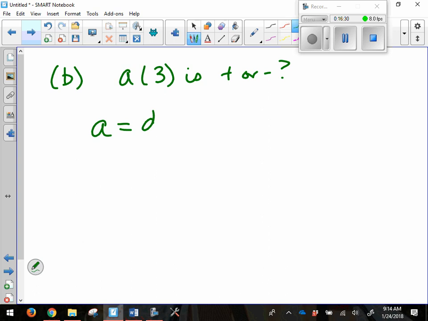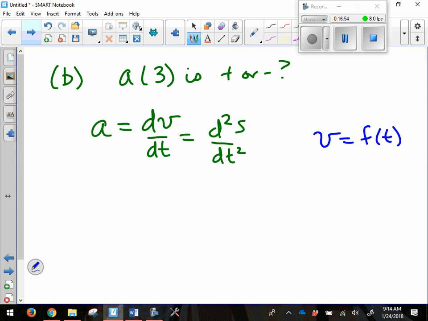Okay, so it's dv dt, which also means it's the second derivative of s. And remember that v is equal to f of t, right? From part A. So that tells me that the acceleration is going to be what?